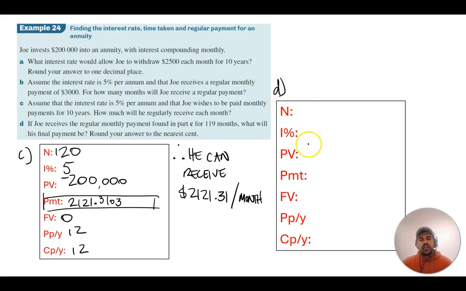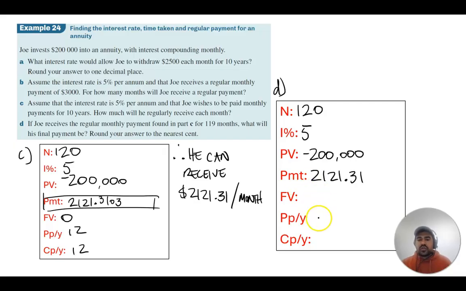All right, last one, and then you guys can get started on these. Question D. If Joe receives the regular monthly payments found in Part C for 119 months, what will his final repayment be? Round your answer to the nearest cent. So let's assume that he's doing 120 payments, 5%, minus 200,000. Now he's taking this amount out, so it's positive, so it's going into his pocket.